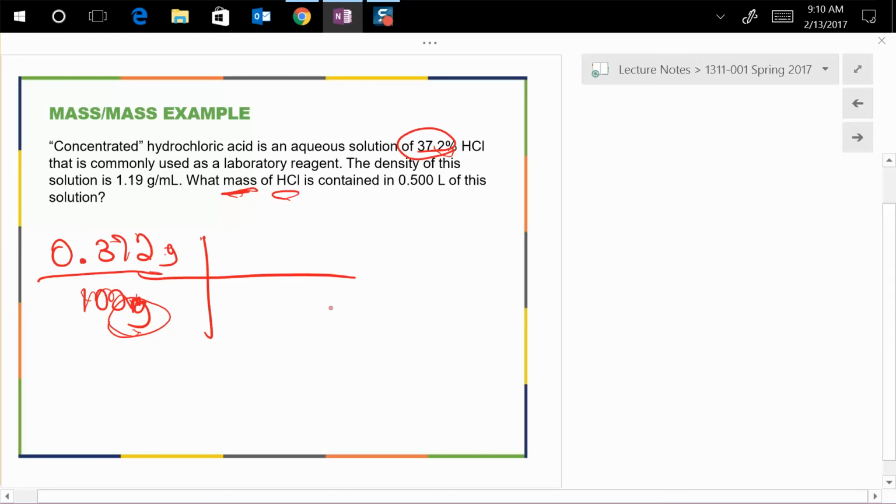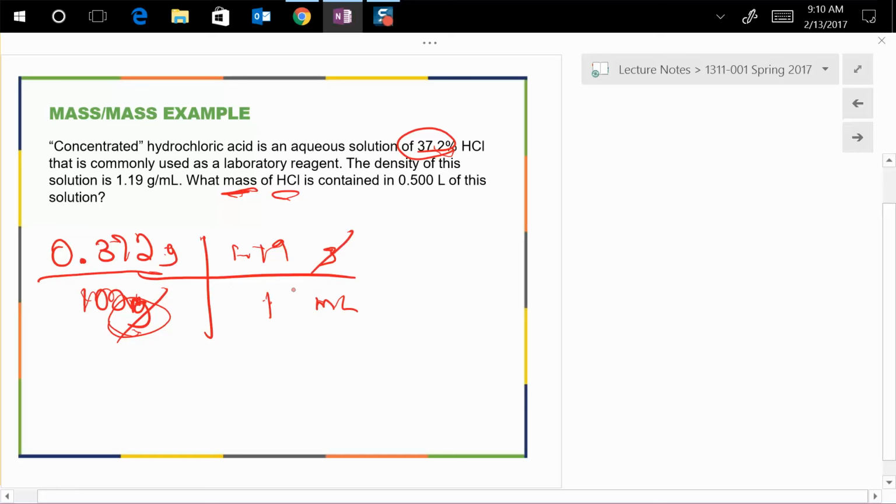So we want to have the milliliters on the bottom. 1.19 grams for every 1 milliliter, because this is my density. I want to get the milliliters on the bottom because I just want to take this and convert it to that. All right, so that's the conversion there.